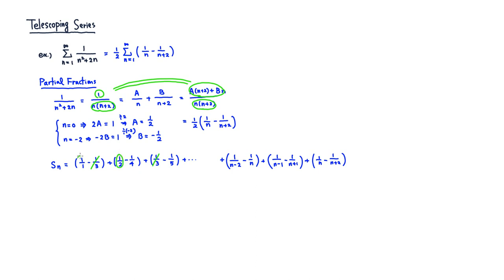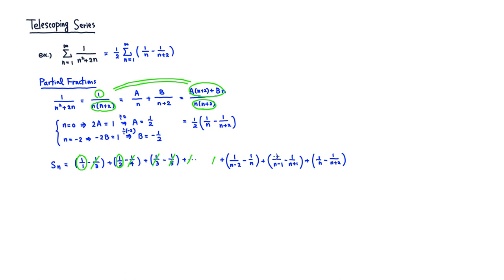For the same reason, this one stays, because there's no one to pair up with. Here, negative 1/4 is the second one. Skip a term, and the next one is positive 1/4, which I didn't write, but we know this is going to cancel with this one. So there's going to be a bunch of cancellation.